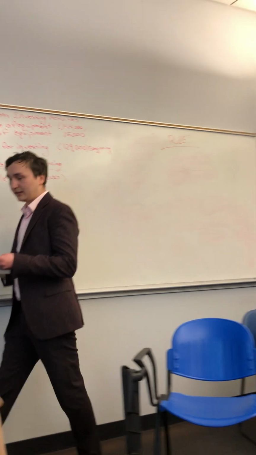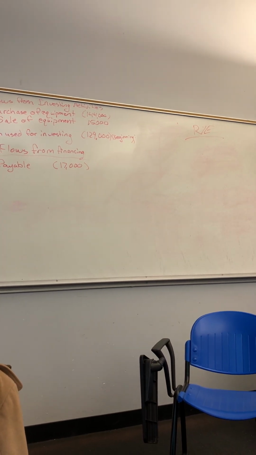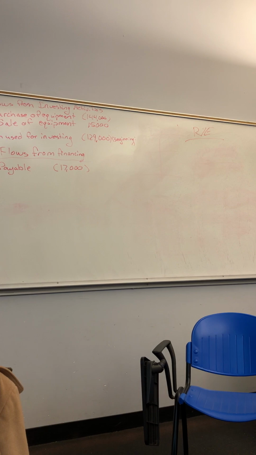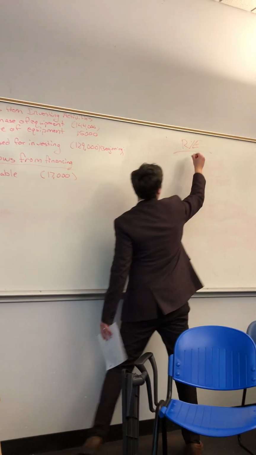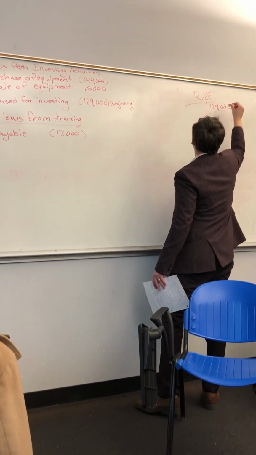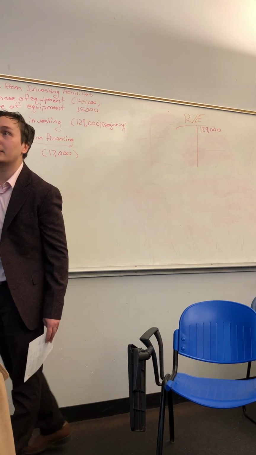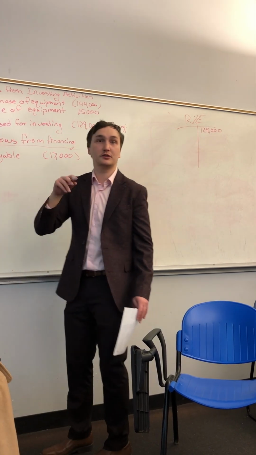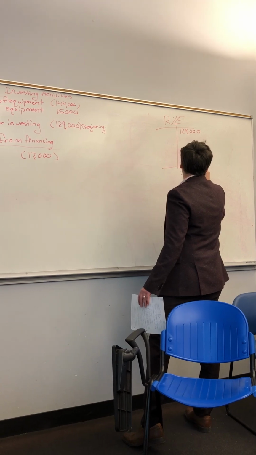What was our retained earnings balance to start? 129,000. Our beginning was 129, and ending was 246.